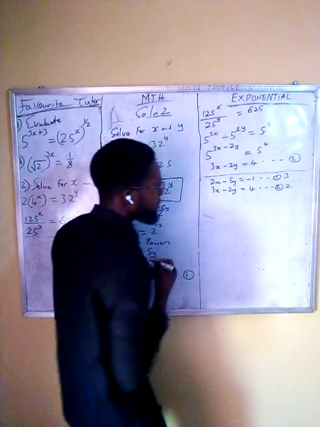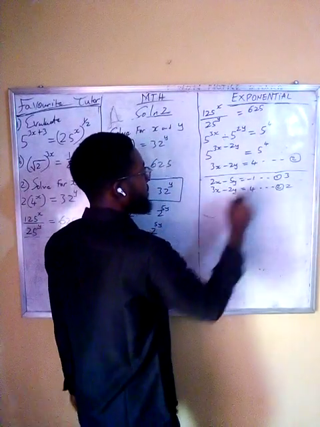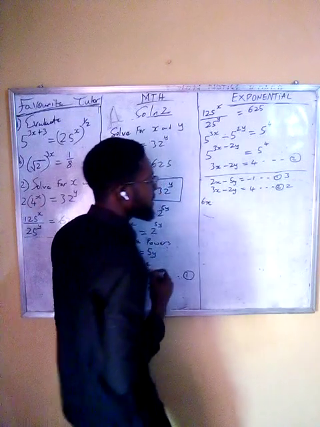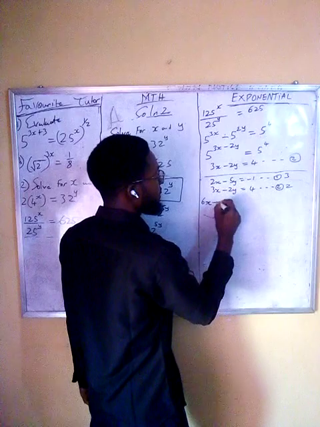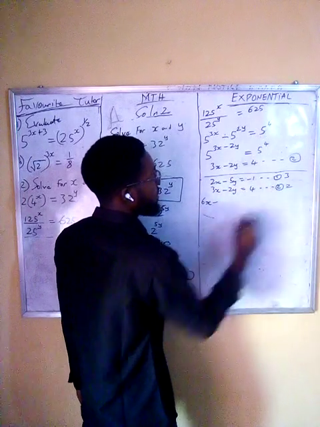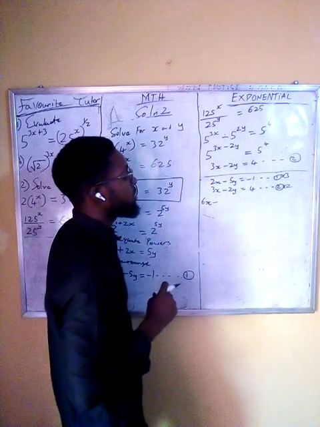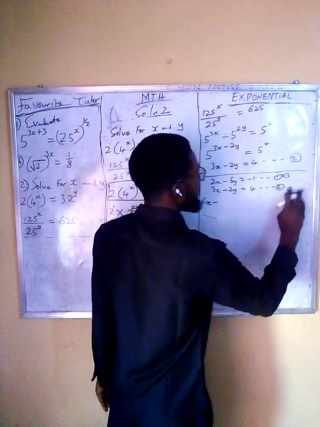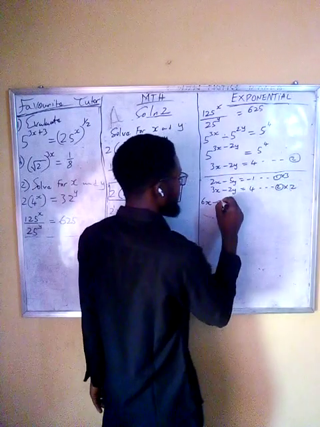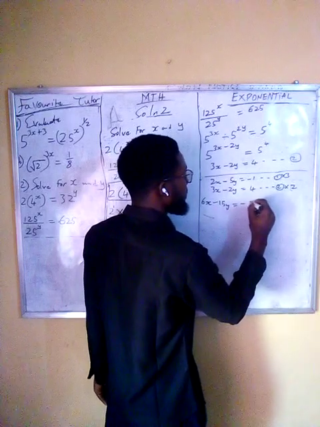So let's multiply. 2x times 3 is 6x. Then minus 5 times 3, 5 times 3 is 15, so this is 15y, equals minus 3.